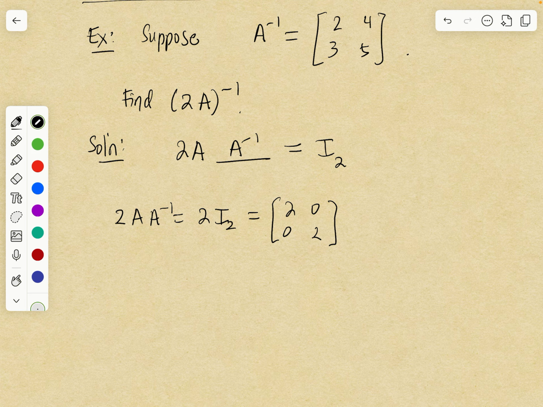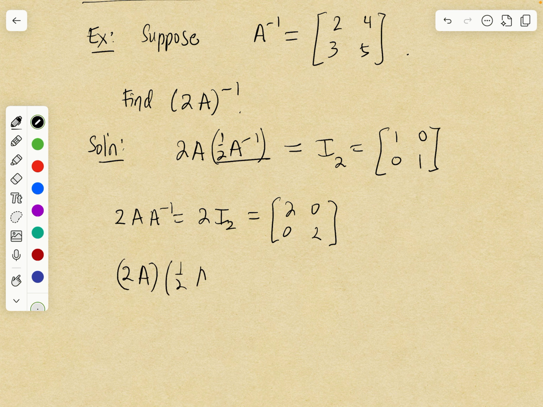So what I need to get the identity matrix, which is this, is I need to take half of A inverse. If I take 2 times A times half A inverse, I can pull out the constants. I'm going to get 2 times 1/2 times A A inverse, and that's going to be 1 times the 2 by 2 identity matrix.